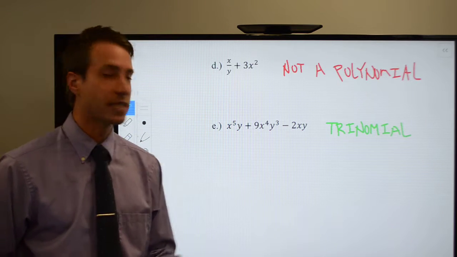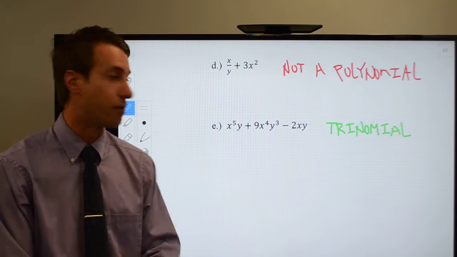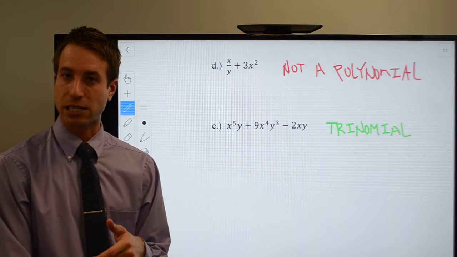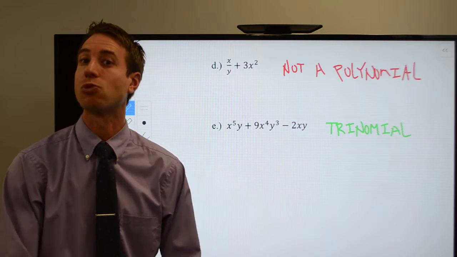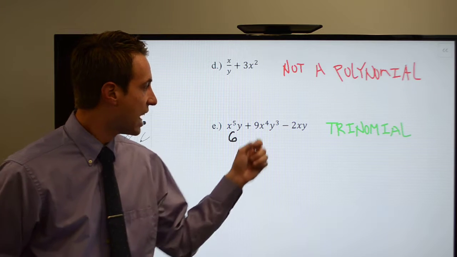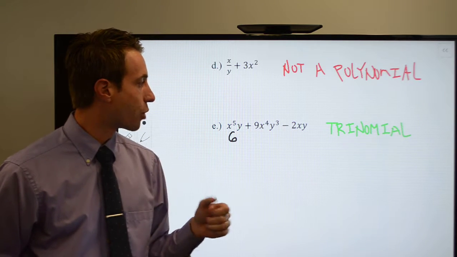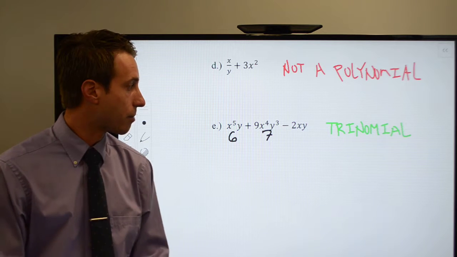I have 3 terms, and in order to figure out the degree, I just need to go through and find the degree of each of the terms by adding the exponents on the variables. X to the 5th and y to the 1st: 5 plus 1 is 6, so this is a 6th degree monomial. X to the 4th, y to the 3rd: 4 plus 3 is 7, so that is a 7th degree monomial.